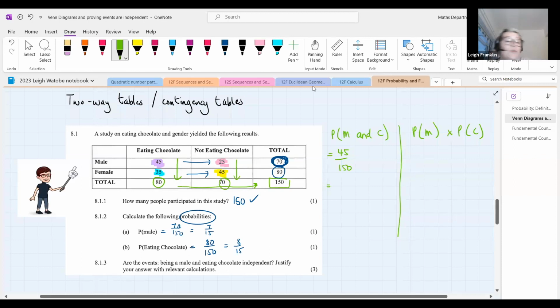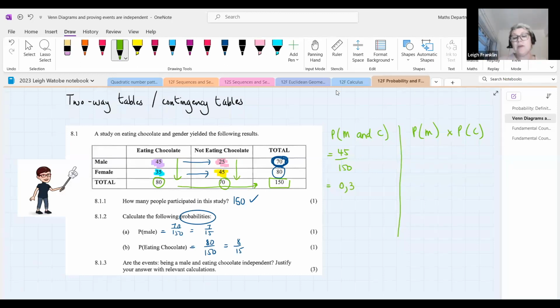What's useful in a situation like this is to get your calculator, put in your 45 out of 150, and then round it to a decimal place. In this case, it's nothing exciting. It's 0.3. Now we're going to work out the probability of being male multiplied by the probability of eating chocolate, and then compare our answers, left-hand side with right-hand side.